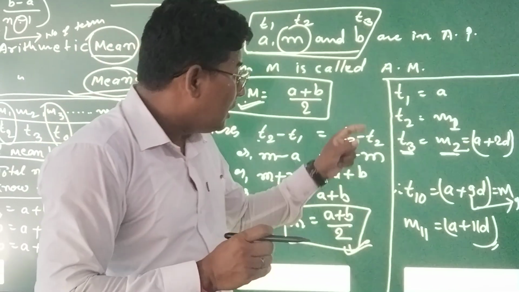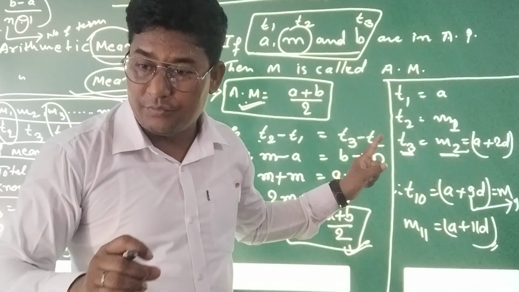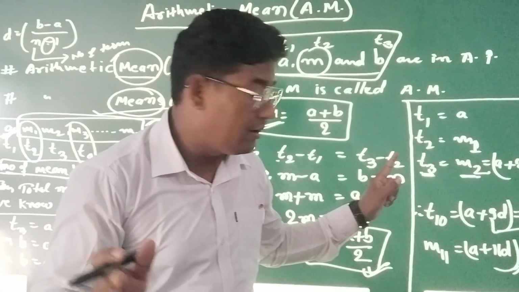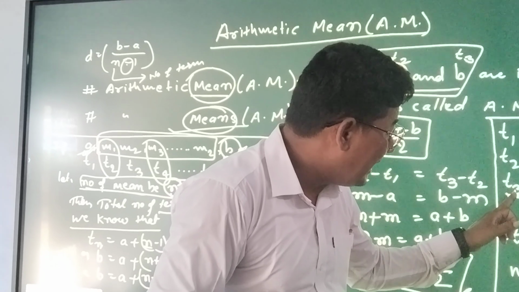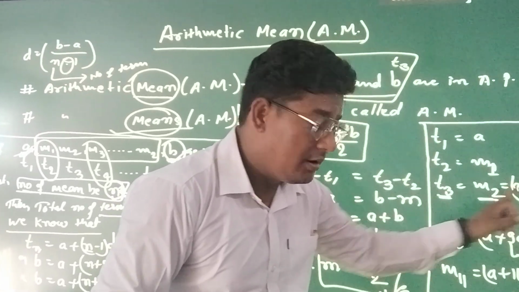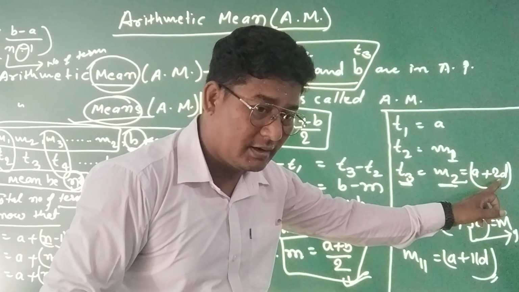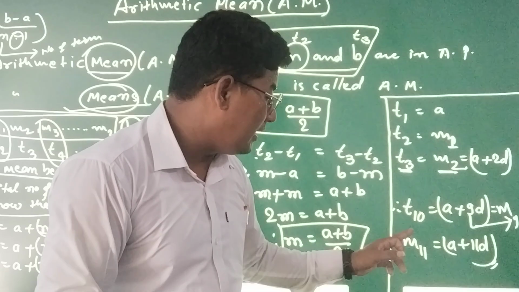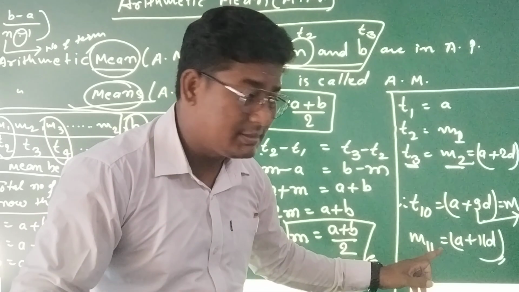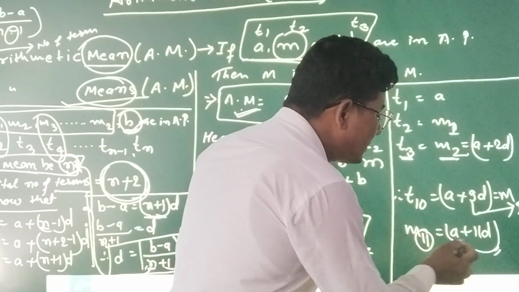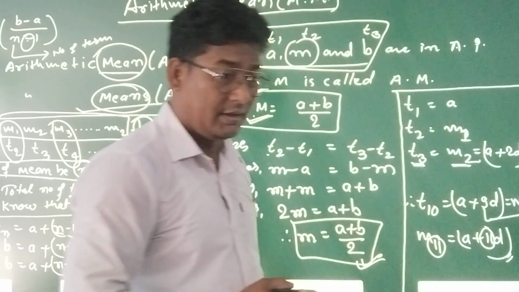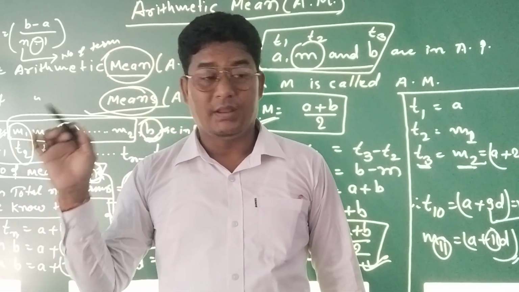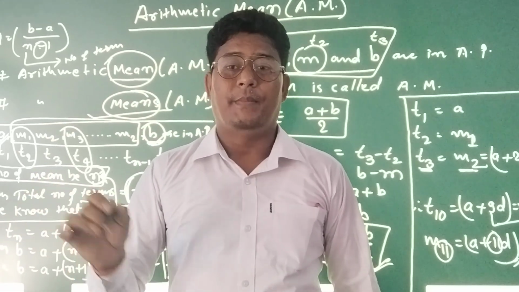It means if you are finding the number of terms, it is one less here. But if you are finding the number of means, no less. Whatever value is here, the same value you have to write here. Clear? Understood?